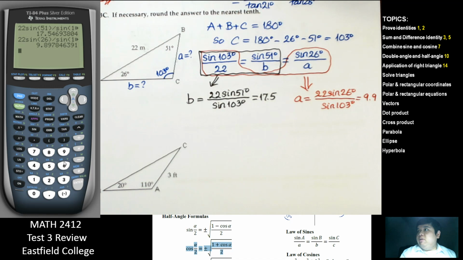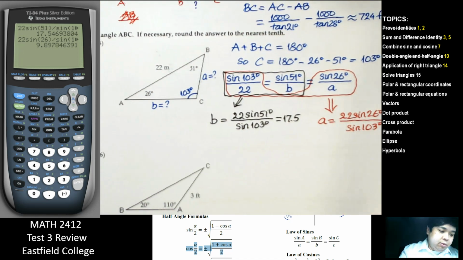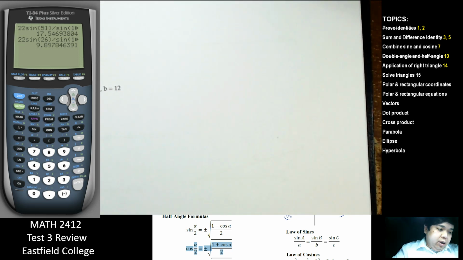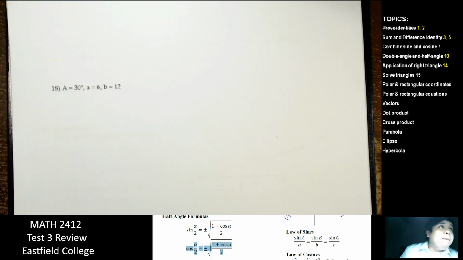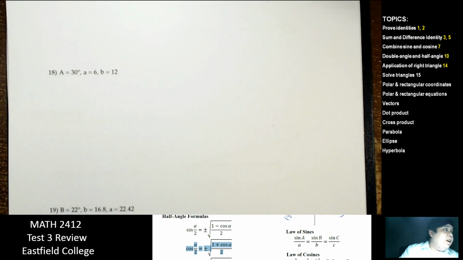So we did 15. Now in this case, we have the side-side-angle situation. Sorry, let's put the calculator away. 17, 18, and 19, those are the ambiguous case.